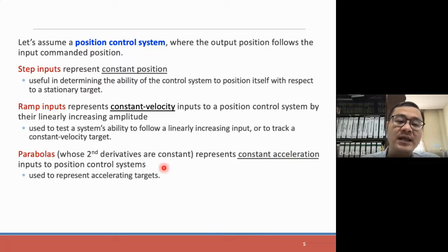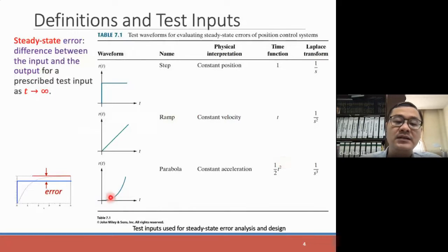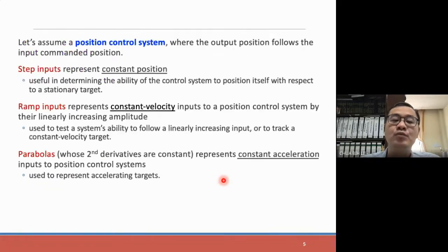When we plot the graph in terms of the position, it will form a parabola, so it will slowly and exponentially increase. That would be the type of position input when we apply a constant acceleration to our system.